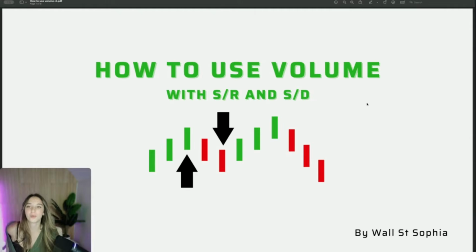All right, so we're going to be talking about why using volume is so important in trading. Without volume, my win rate would be a lot less. And without volume, I would be all over the place with my trading, and it would be hard to actually narrow down what setups work best and what setups are going to have the highest probability of working out.